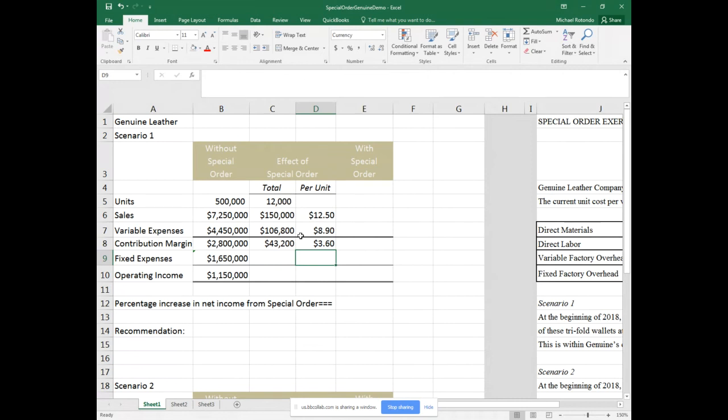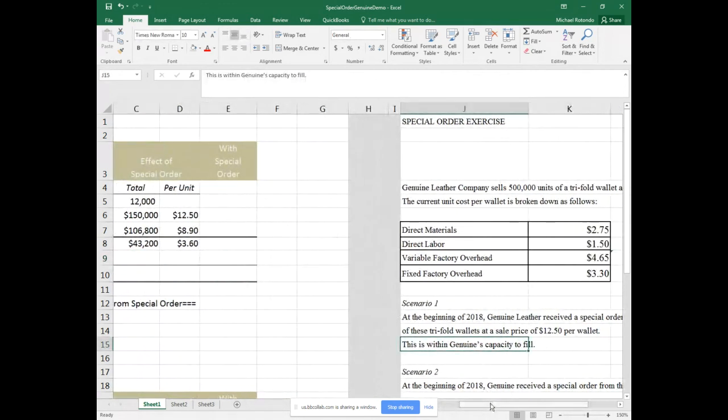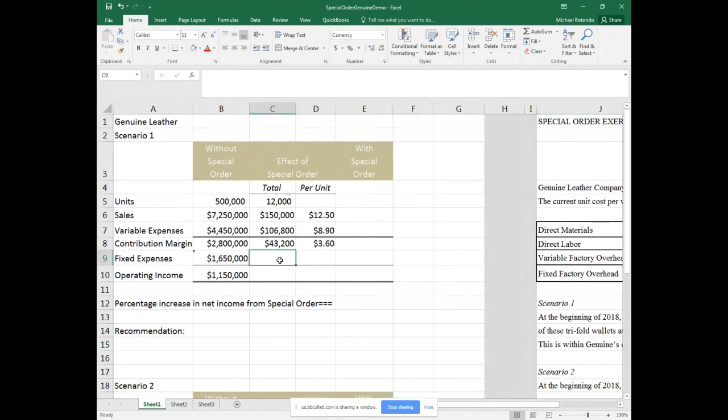The key here is, are there going to be additional fixed expenses? We were already told that this is within Genuine's capacity to fill, so we would have no additional fixed expenses. So our operating income would increase by $43,200.